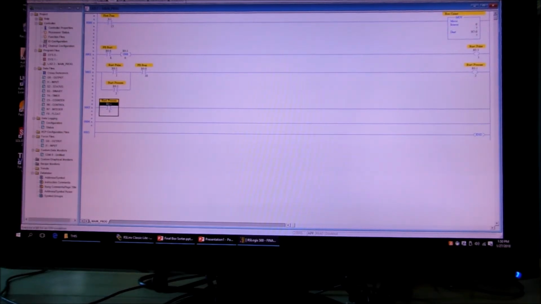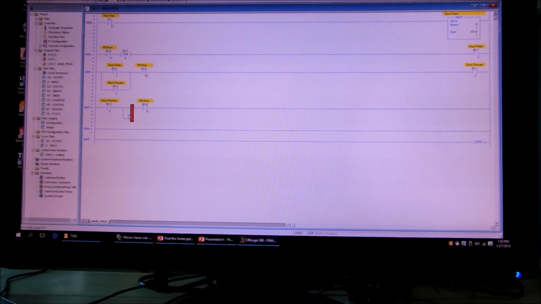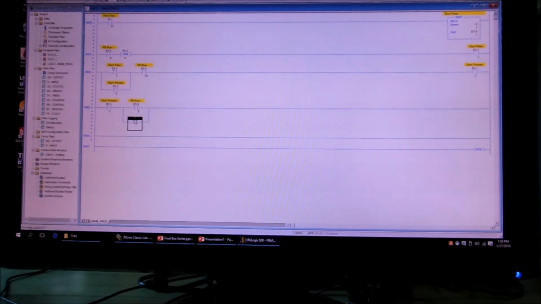What we're going to do, when we have the start process, is use our push button for the start, and we're also going to put in a parallel bracket, and make this our second box, or every additional box beyond our first box.